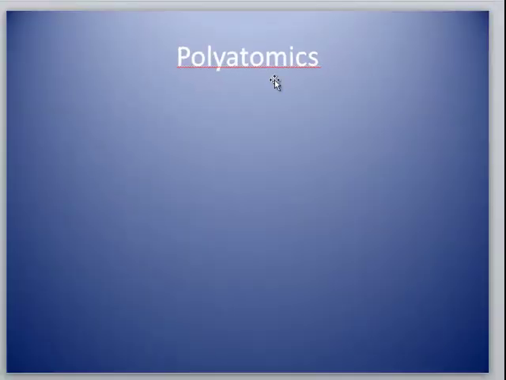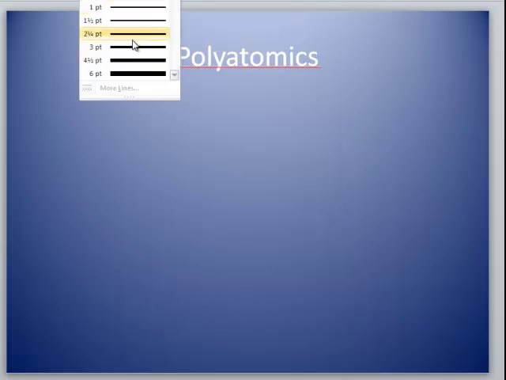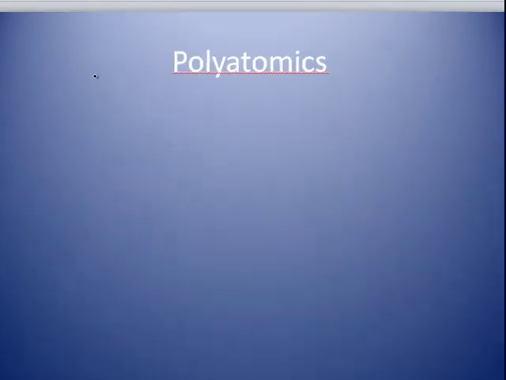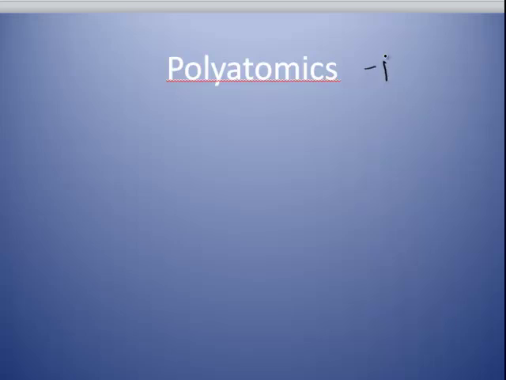Alright, so let's do some practice with these polyatomics. The key to remember about writing formulas and naming compounds with polyatomics is you treat them the same way you would treat ionic compounds. In other words, we are looking for the positive charge and the negative charge, and then we're going to do our crisscross method.